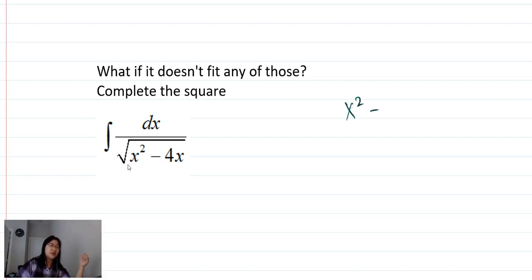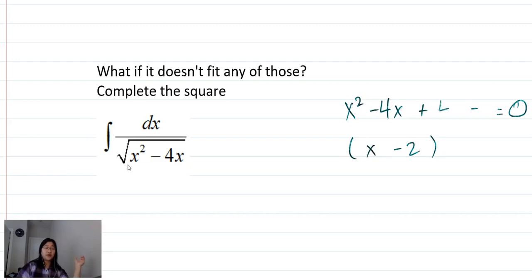So x squared minus 4x plus what minus what will give us 0, so that we get an x minus 2. Negative 4 divided by 2 is negative 2, and then square that, it's 4. So that'll give us this part.